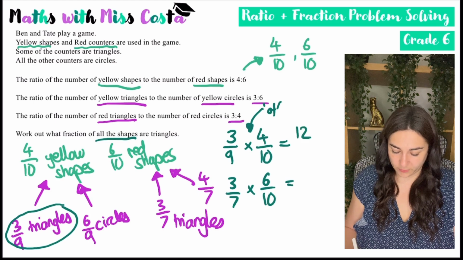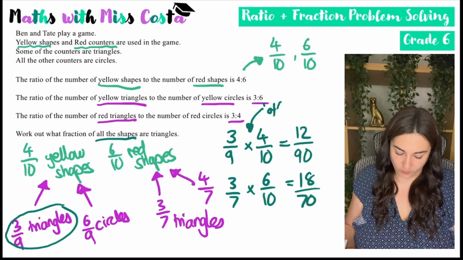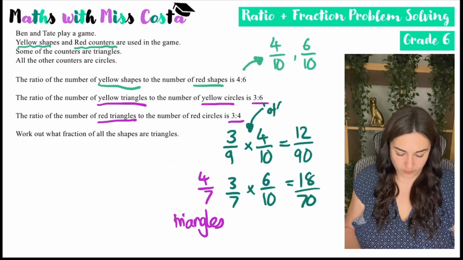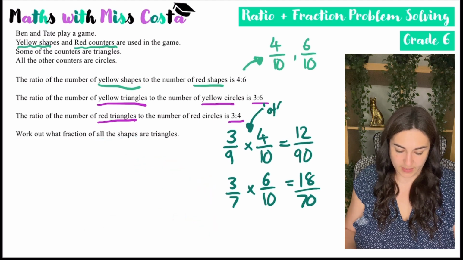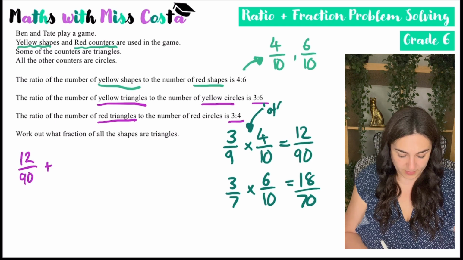So 3 times 4 is 12, 9 times 10 is 90, 3 times 6 is 18, 7 times 10 is 70. So I've got two fractions here, and I need to add them together. So I've got 12 over 90 plus 18 over 70.